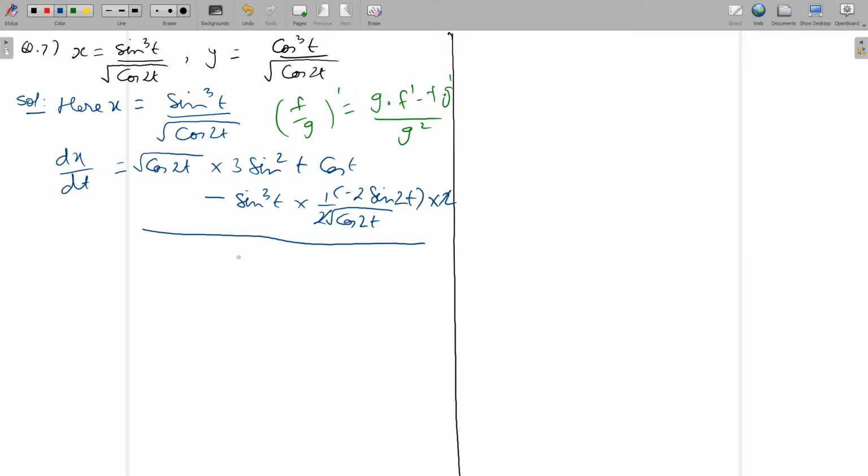Square root of cos 2t, so square of that will be cos 2t. Therefore dx by dt, so now let us further simplify it.